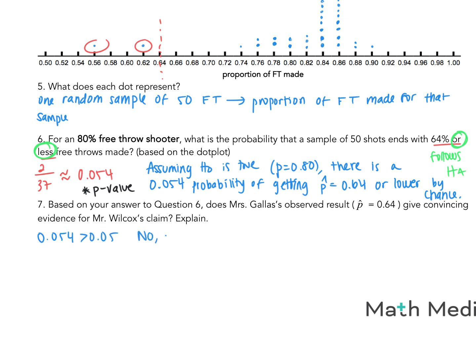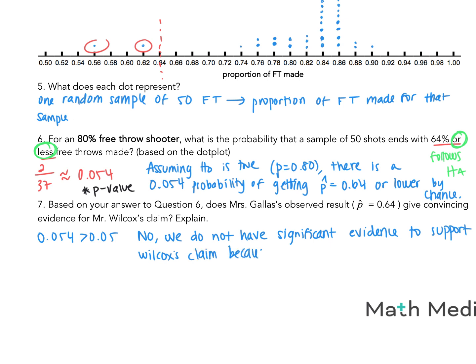So no, we do not have evidence, or have significant evidence, to support Wilcox's claim, because a sample proportion of 0.64 when p is 0.8 could happen by chance alone.